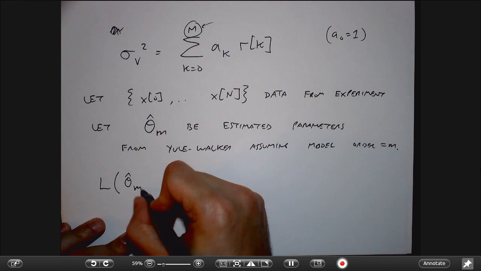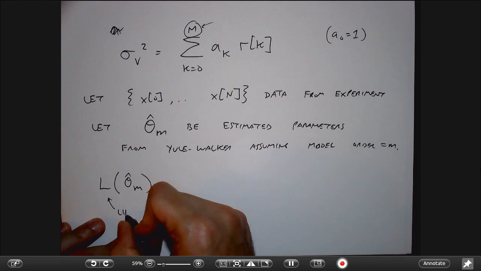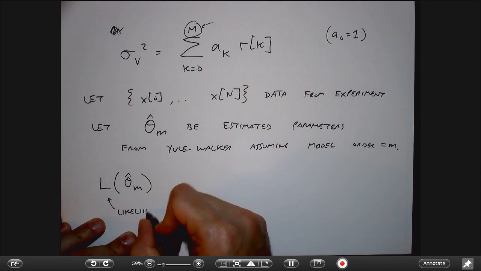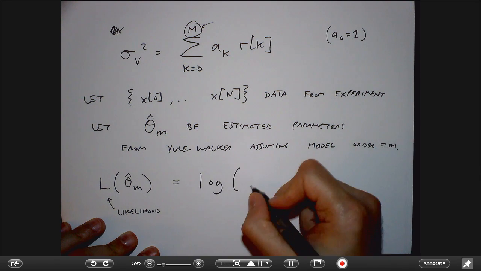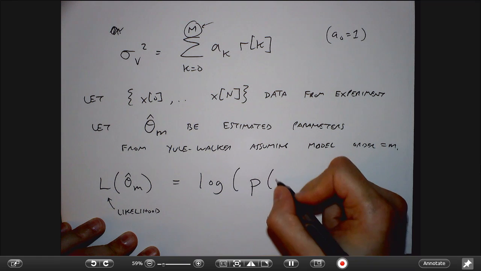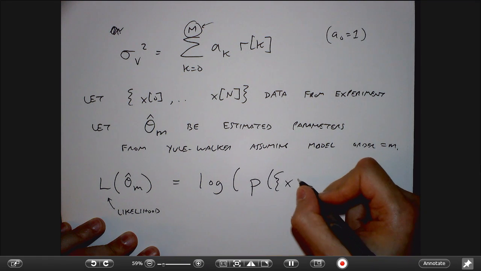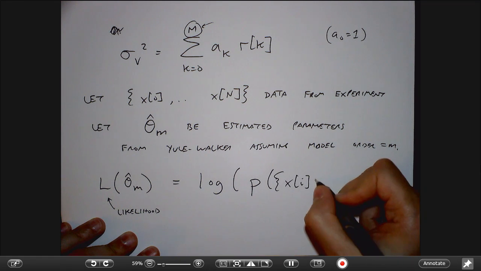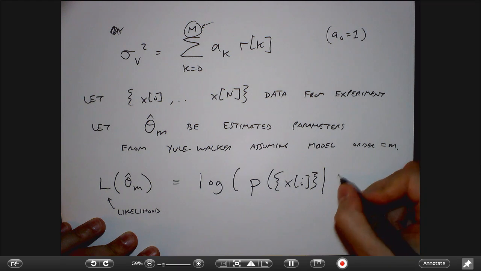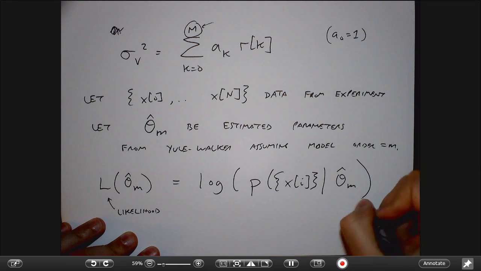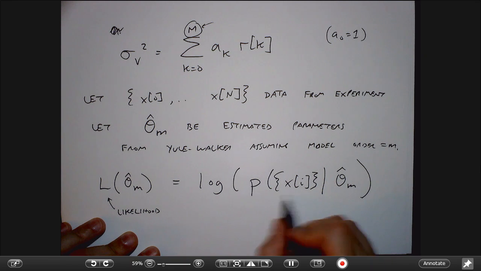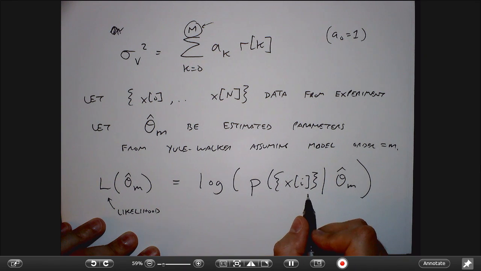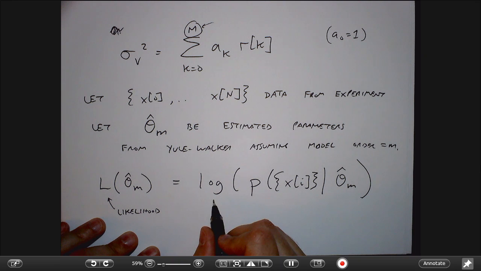This is kind of like a likelihood, right? As a measure of the probability of seeing all that data given those model parameters. So I want this probability to be high, which means that this log should also be high.